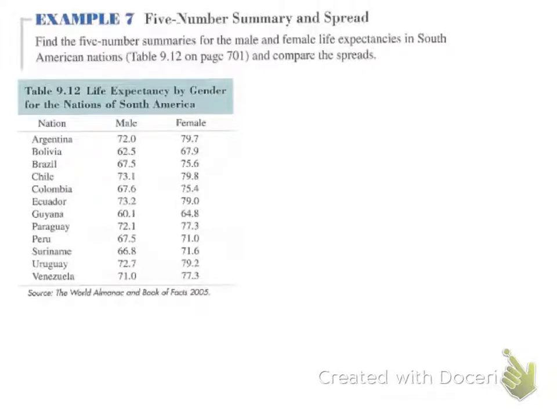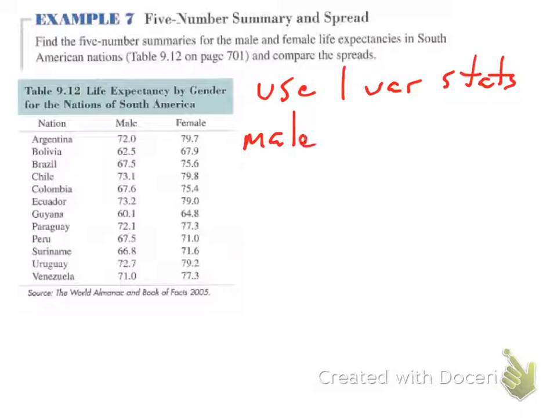Okay? So, for example, 7, we have our life expectancies again. What you want to do is use your one variable stats. For the males, if you put it in the calculator, matter of fact, what I'd like you to do is put those into the calculator. You have to scroll all the way down in your calculator.